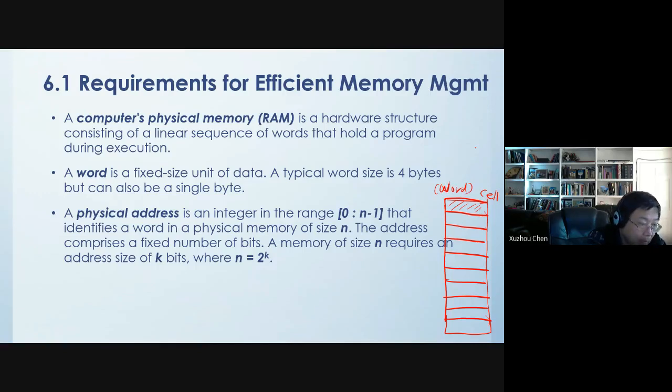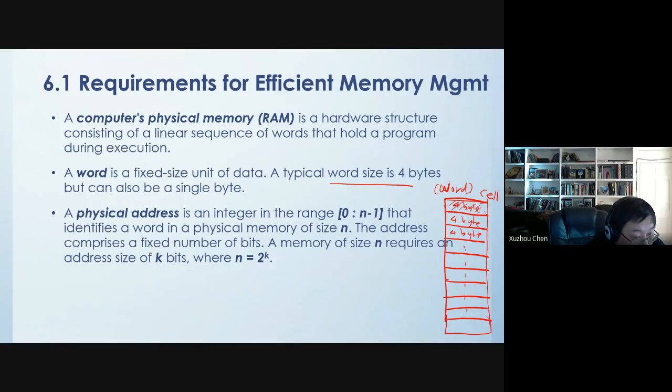Typically in a modern computer system, the word size is 4 bytes. So they logically organize the memory into 4 byte, 4 byte units.